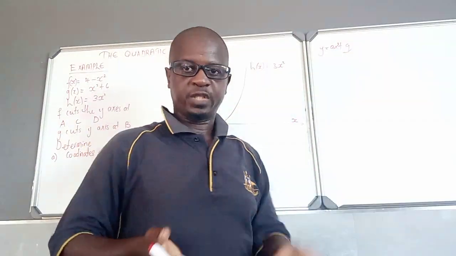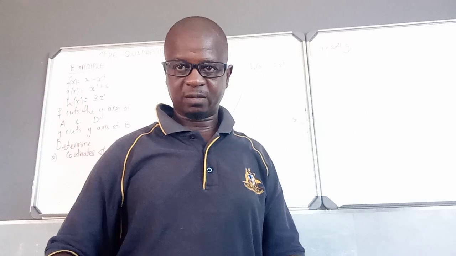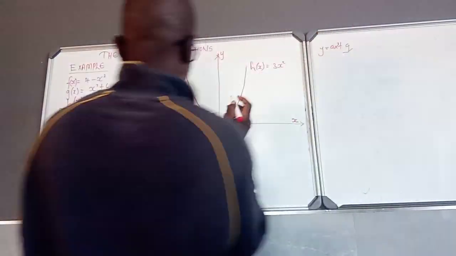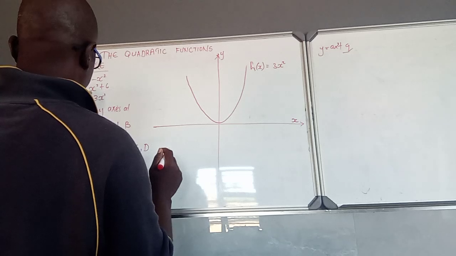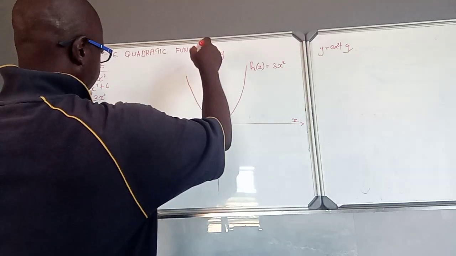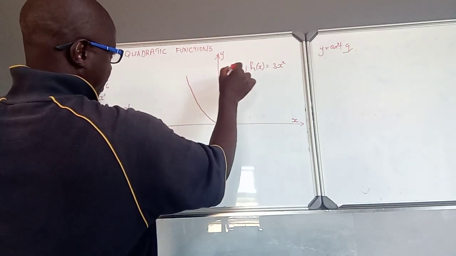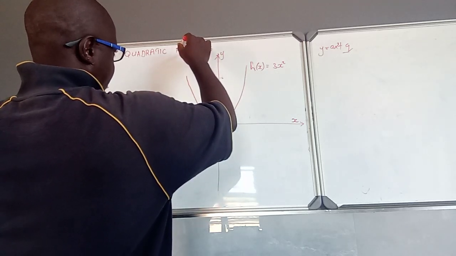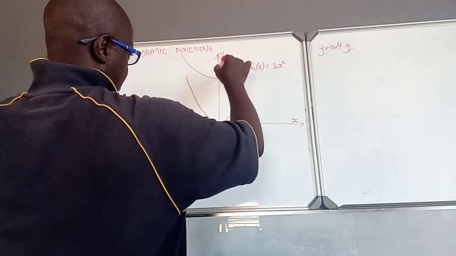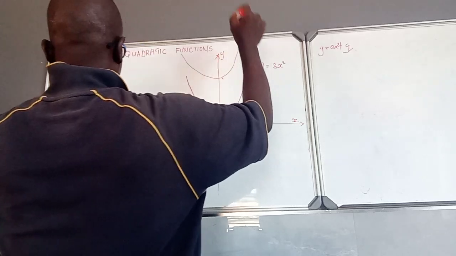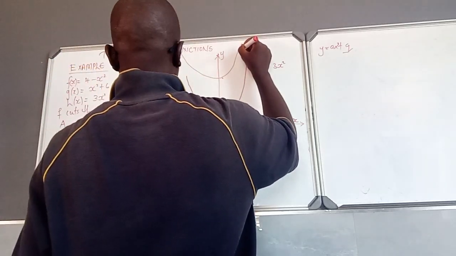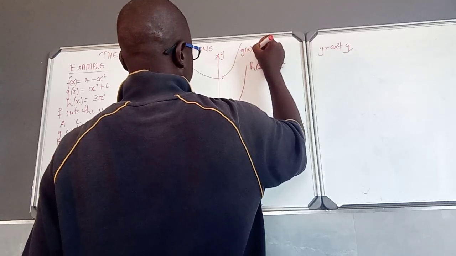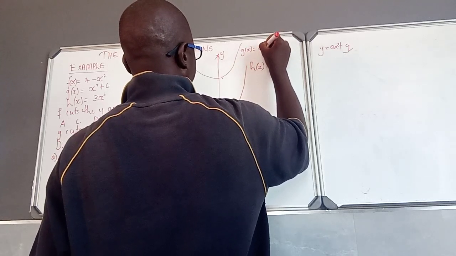The value of q shifts the graph up or down, so this is our graph being shifted 6 units up. Somewhere here I do have a 6. It means I'm going to have a graph like that, and we are going to call this graph g of x is equal to x squared plus 6.